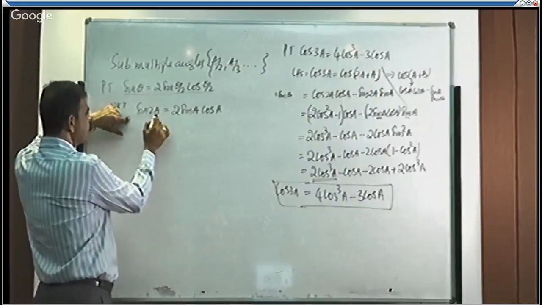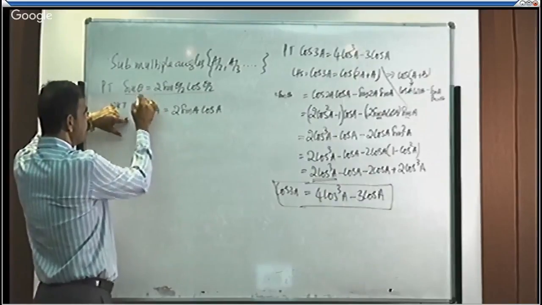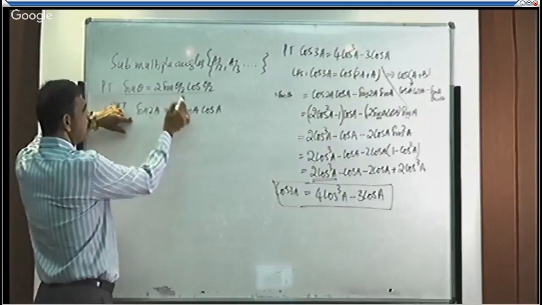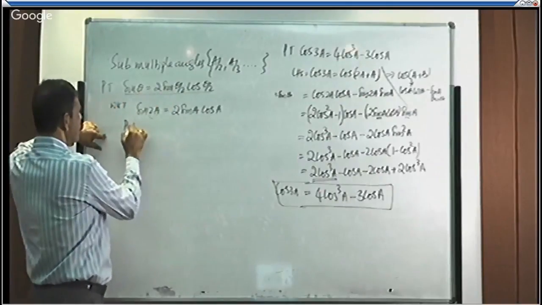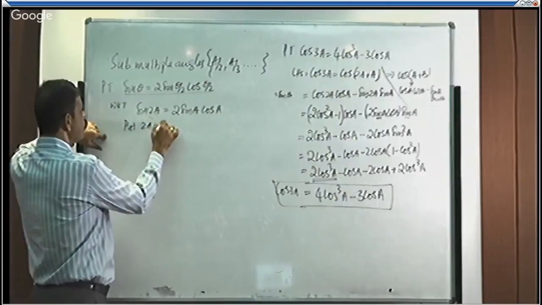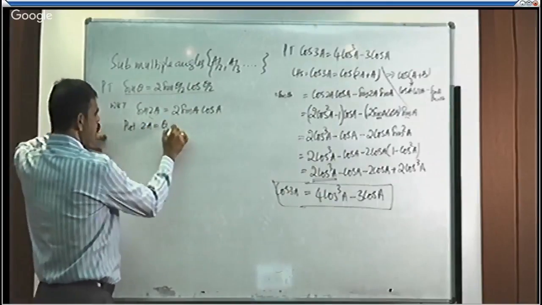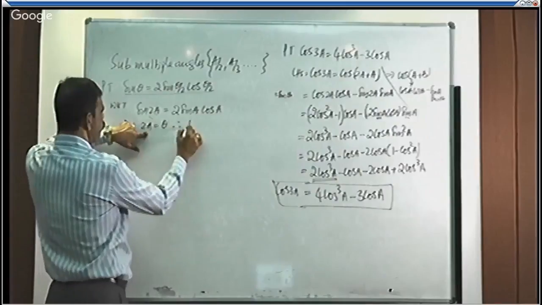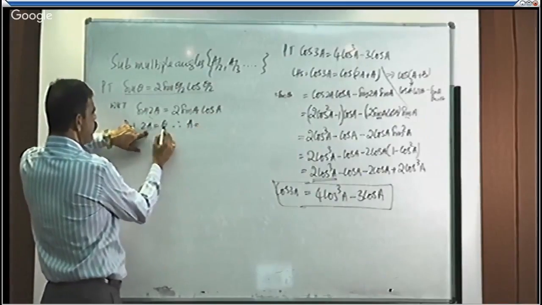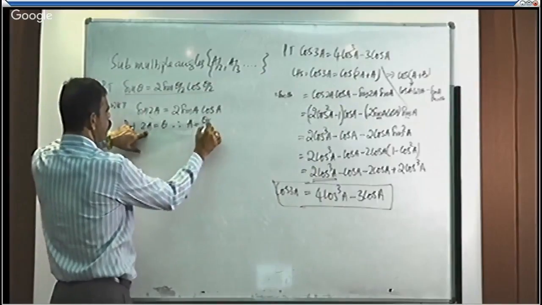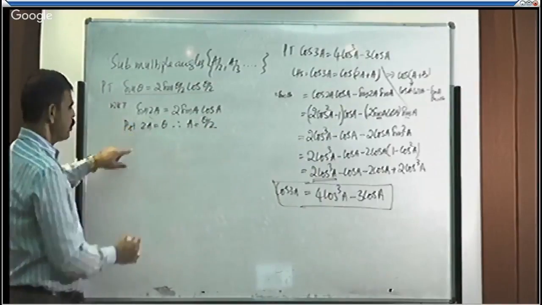If I take 2a equal to theta, then you can replace a in terms of theta only. Therefore, put 2a is equal to theta. Then a is equal to theta divided by 2.